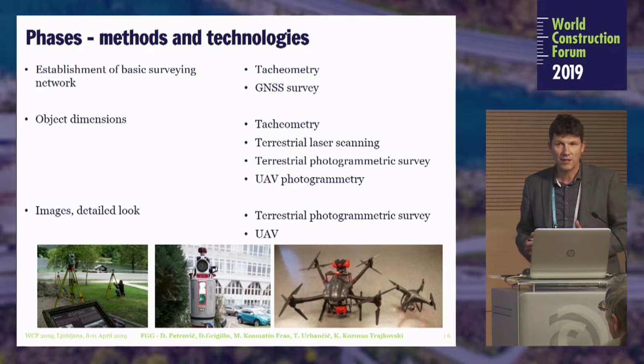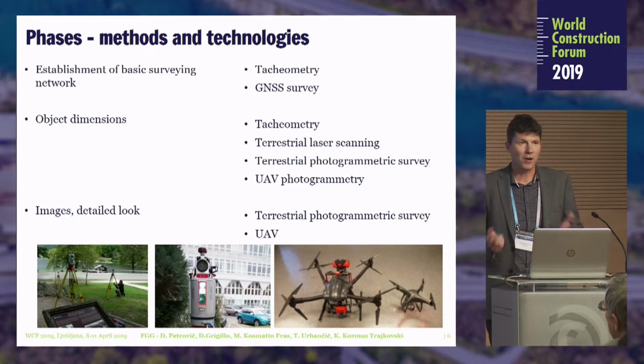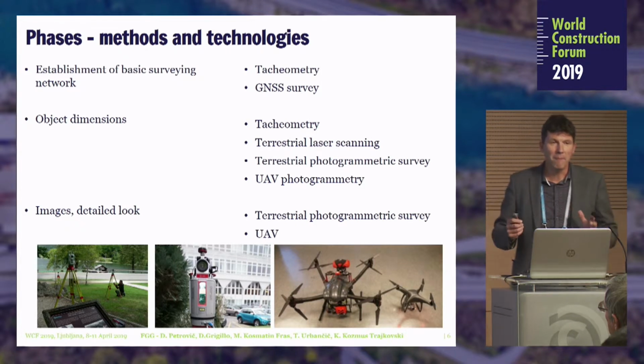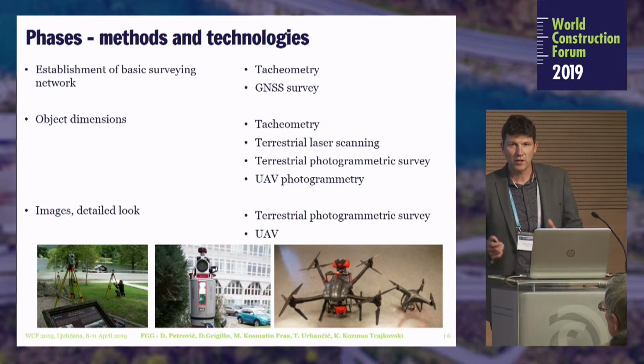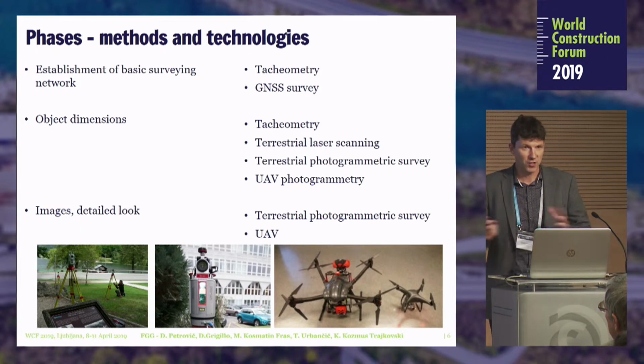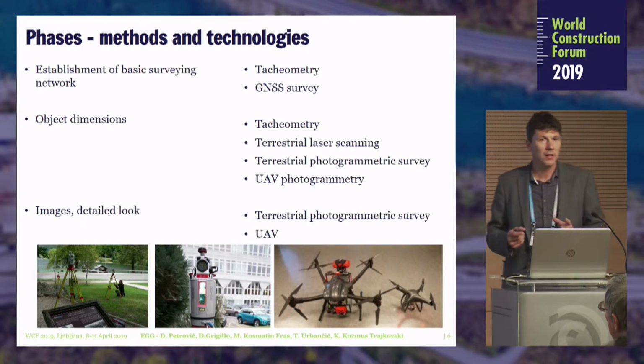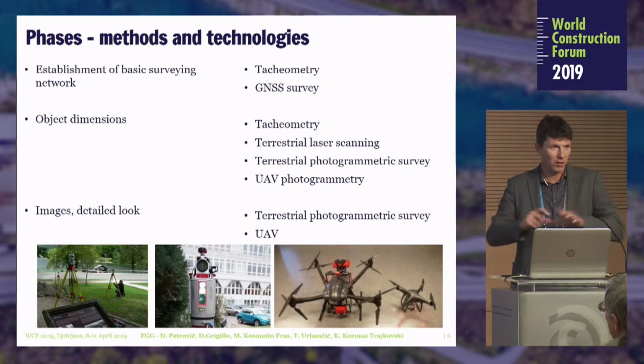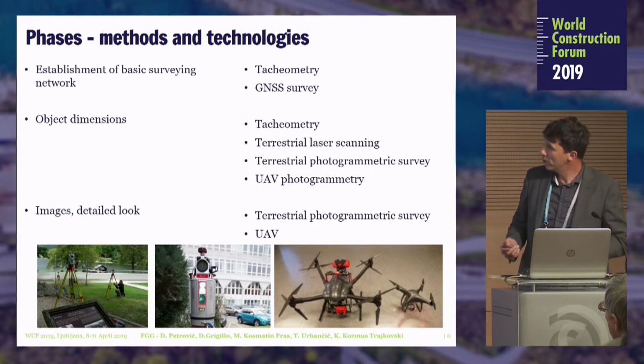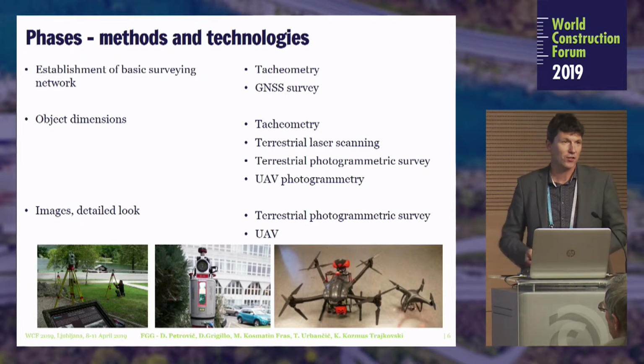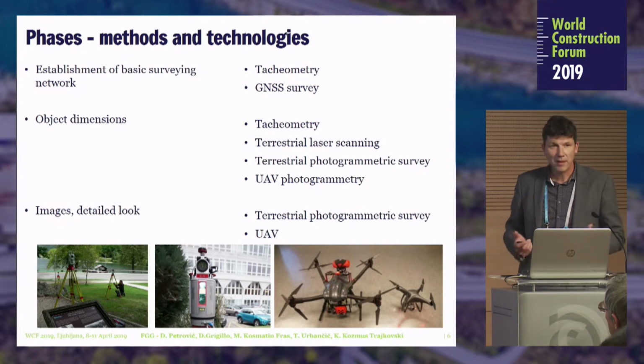We need to do it initially, in the beginning, before preparing all the others, because only with the exactly measured geodetic network can we assure the right dimensions of all surroundings of the objects. And only with this can we then position the objects into the global environment. Here, for instance, we have two different technologies, and it depends on the accessibility, on the final accuracy, which technology can be used.